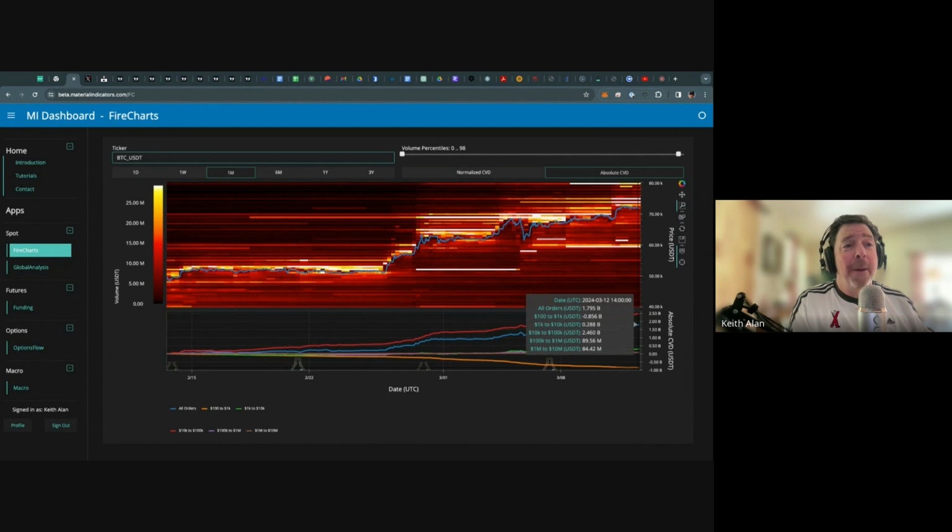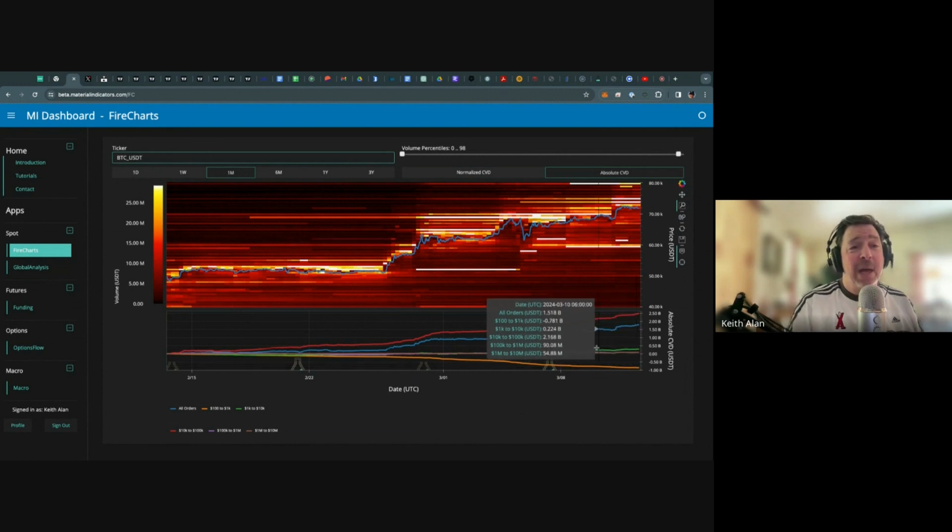Meanwhile, those brown mega whales have bought 84 million, the purple whales 89 million, and that shark class, those red ones, $10,000 to $100,000 orders, nearly $2.5 billion worth in that same period of time.